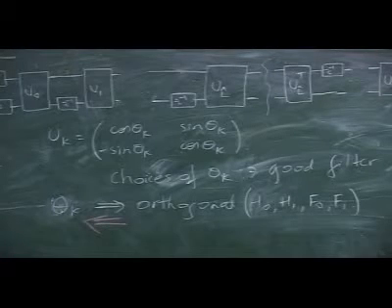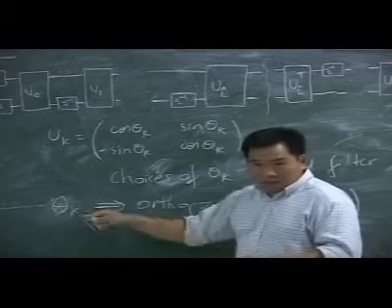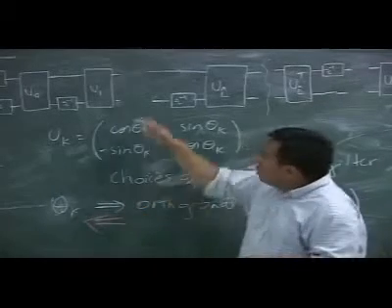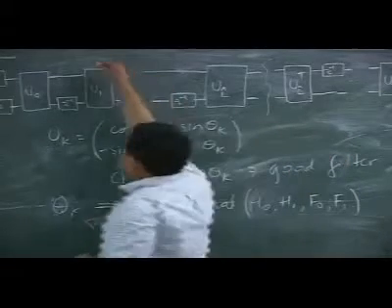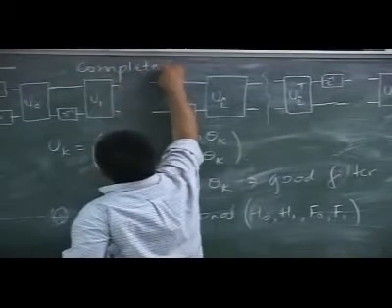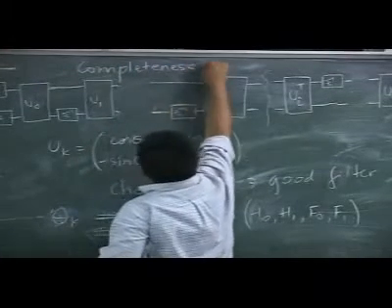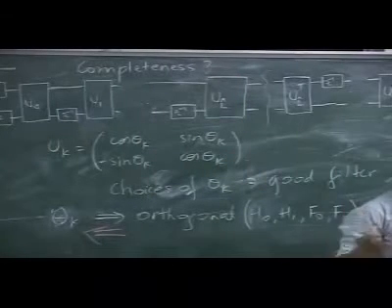Right? So you have to provide if and only if. You have to show that it not only gives you an orthogonal filter bank, but it's the most complete structure. So, completeness. Completeness means that it's the most general structure.